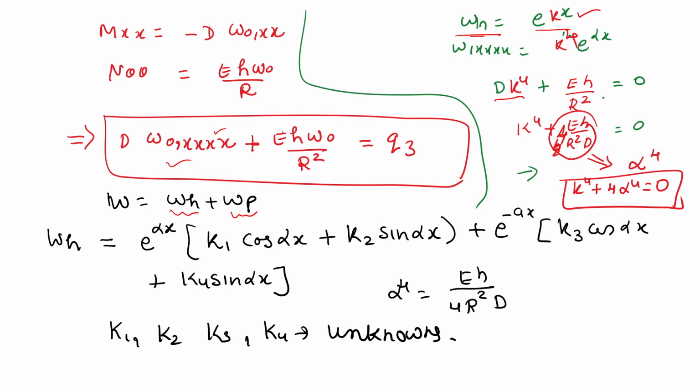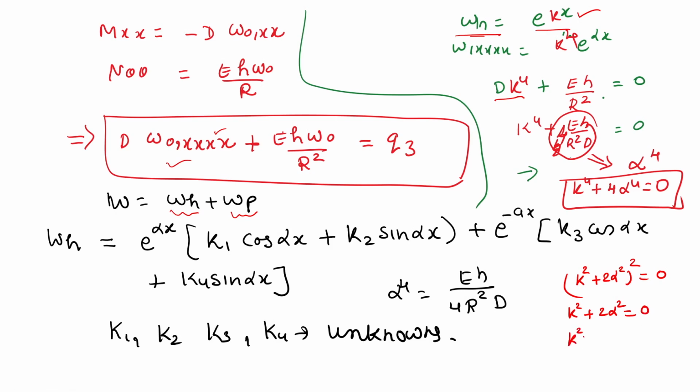So, basically we can assume this is alpha 4. Ultimately the equation becomes k 4 plus 4 alpha 4. So, we can write the equation like that: k square plus 2 alpha square whole square equal to 0. So, we can say that k square plus 2 alpha square is equal to 0.